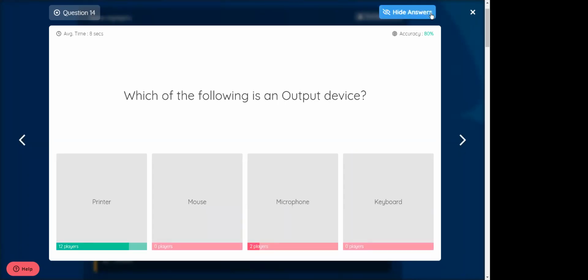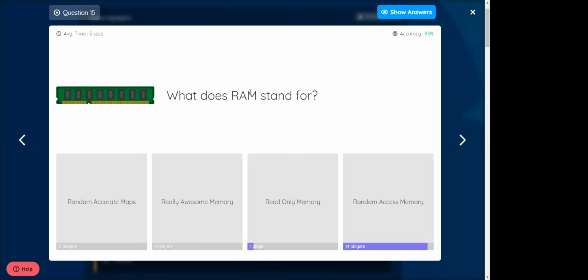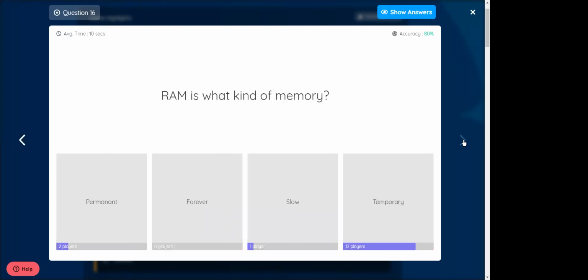Printer is an output device. What does RAM stand for? Random access memory. Good, perfect. RAM is what kind of memory? Temporary. Good, temporary memory.